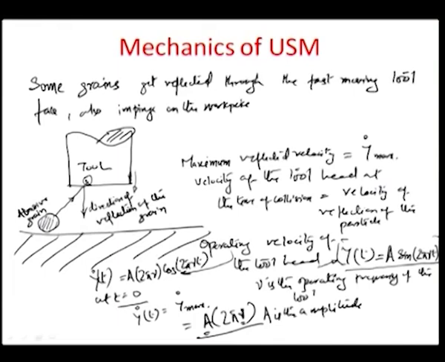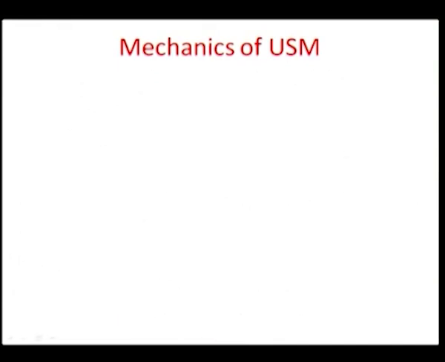So now we look into the aspect of the kinetic energy of the particular tool once the maximum velocity of the grain is there. Okay. So the corresponding KE or kinetic energy actually will be equal to the maximum kinetic energy, because it is half m v square.